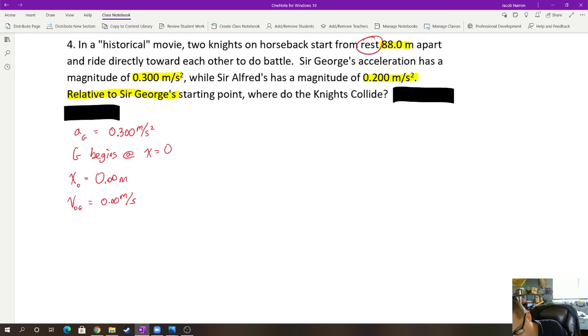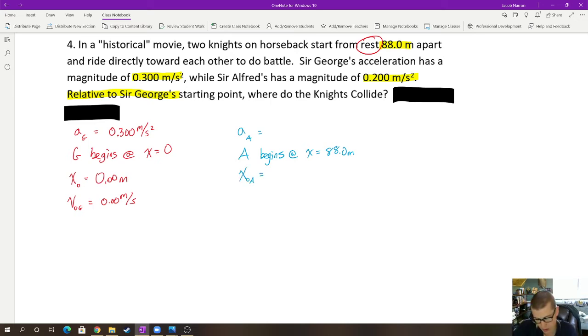So acceleration of Alfred, I already told you that Alfred is going to start away. Okay, in fact, let's write it that way. Let's say A begins at a position of x equals 88.0 meters. In fact, I'll go ahead and write it. X naught for Alfred is going to be 88.0 meters.